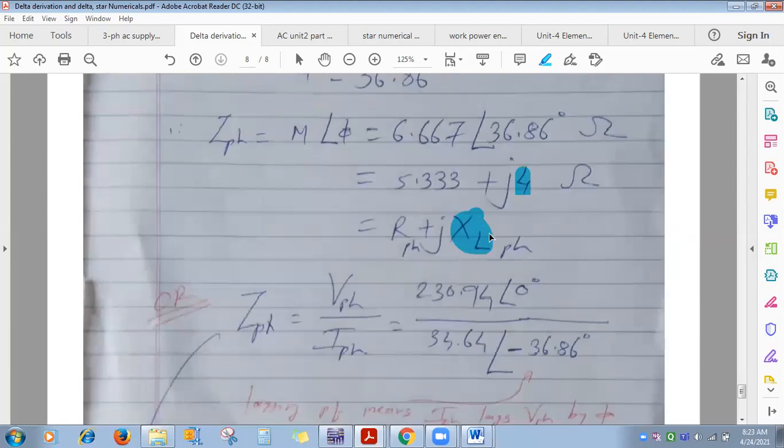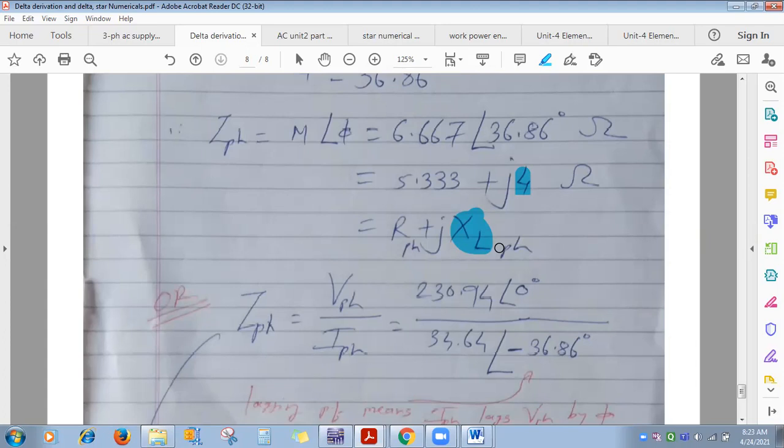If XL is given, how you will calculate L? XL is equal to omega L. Correct. That is 4 is equal to 2 pi FL. Frequency is 50 hertz. Using that, L you calculate. Okay. So check whether XL in ohm you have been asked to calculate or L in Henry or millihenry.